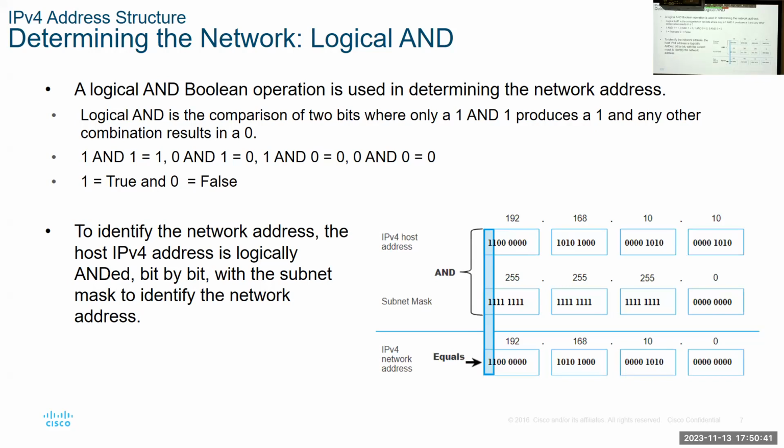Really, a good way to look at binary ANDing is multiplication. 1 times 1 equals 1. 1 times 0 is equal to 0. 0 times 1 is equal to 0. 0 times 0 is equal to 0. So the only way you get a 1 when you do a binary AND is if both bits are 1 in both the IP address and subnet mask in that location.